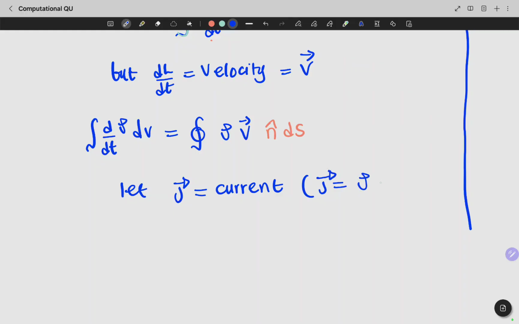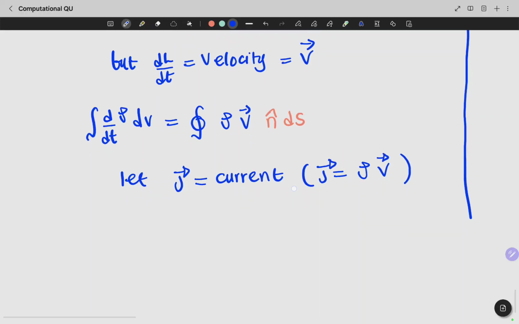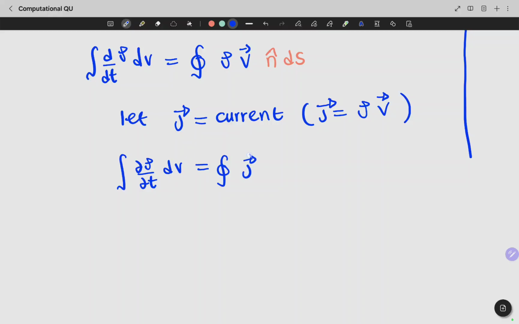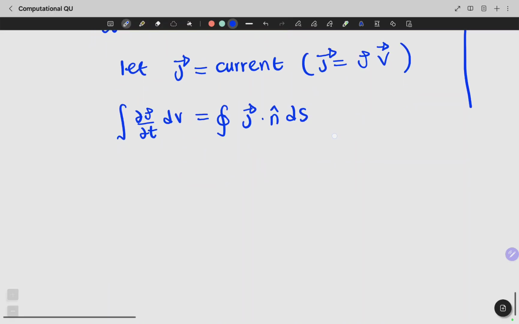Rho, that's the density times the velocity with which the fluid is moving across. And you now have the integral of d rho by dt dV equals the closed surface integral of j dot n dS.